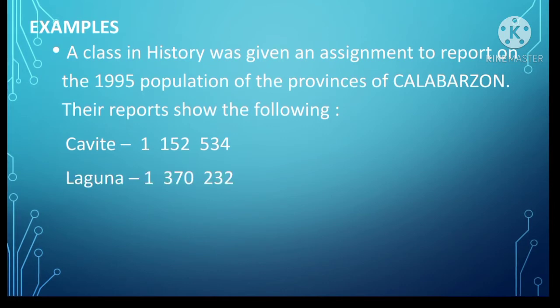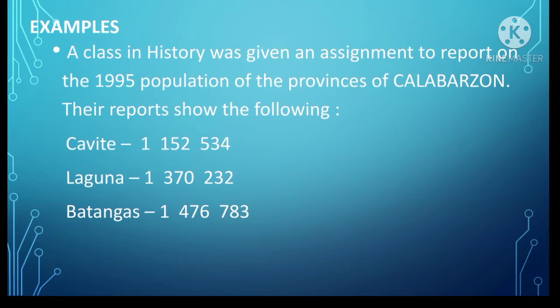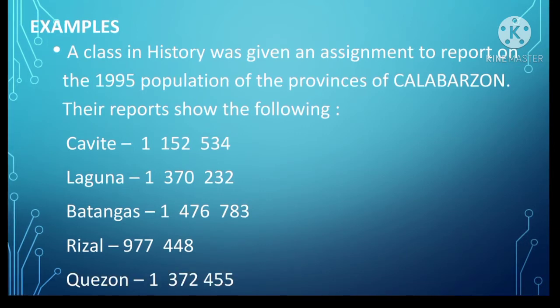Laguna, 1,370,232. Batangas, 1,476,783. Rizal, 977,448. Quezon, 1,372,455.